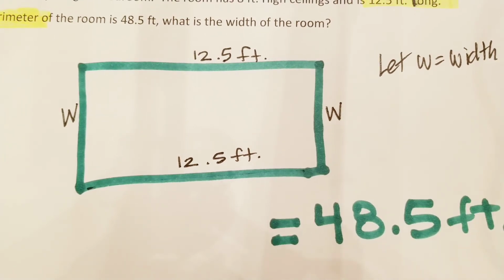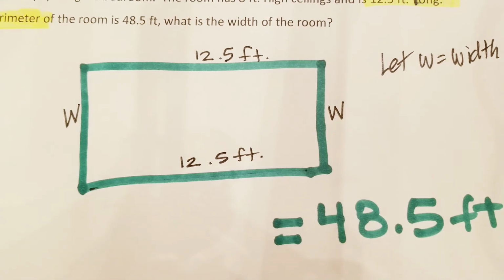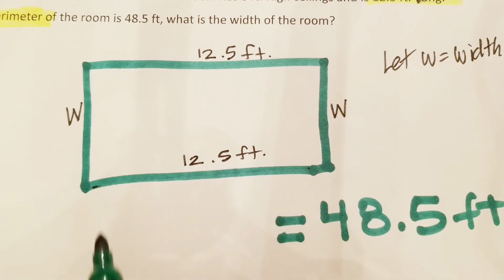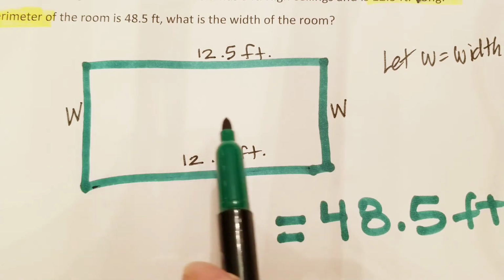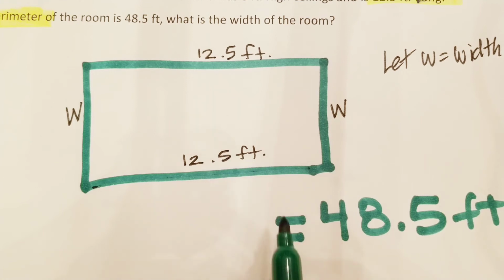So now I have all my information to finish my equation here. A couple ways you could do it. You could write W plus W plus 12.5 plus 12.5 equals 48.5. That would be okay. That would be correct.